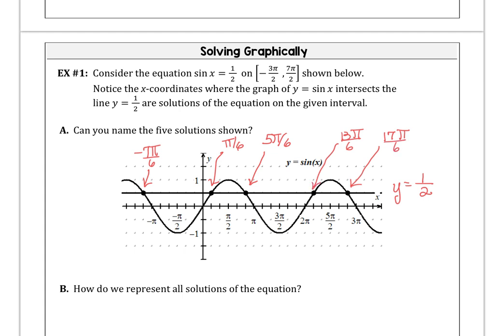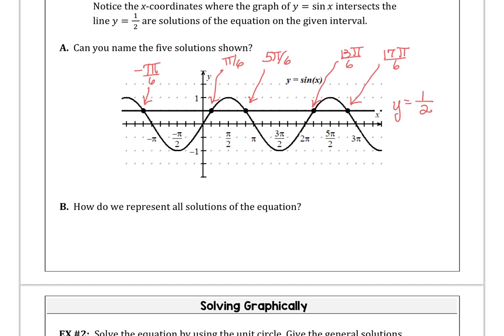And that's the question for part B. How do we represent all of those solutions of the equation? Well, the first one, theta sub 1, we'll call it. Let's consider from here forward. We started at pi over 6, and then we added or subtracted 2 pi k, where k is an integer.